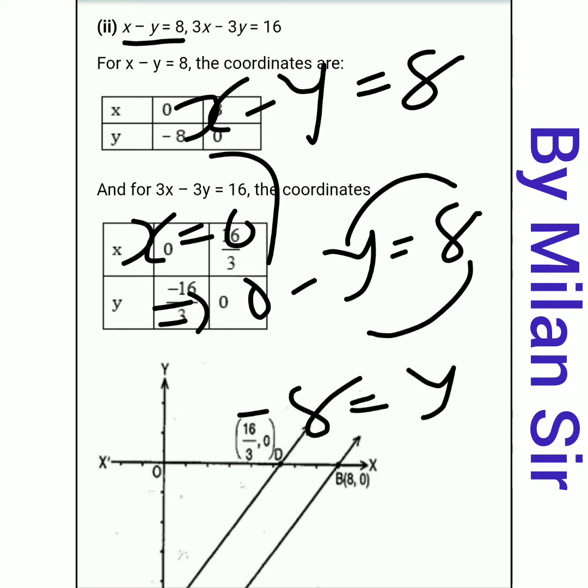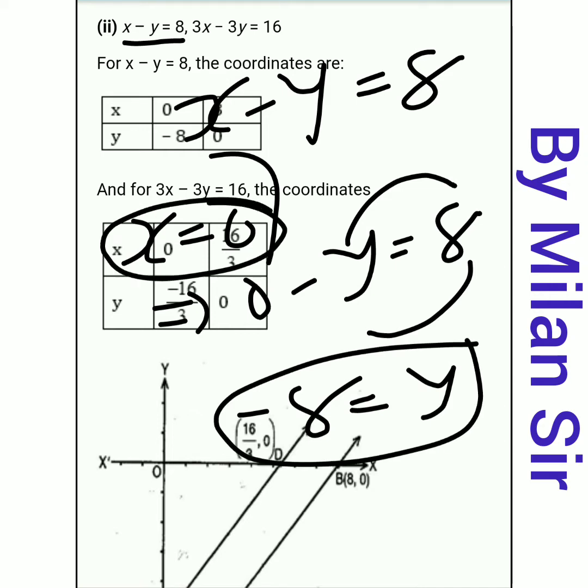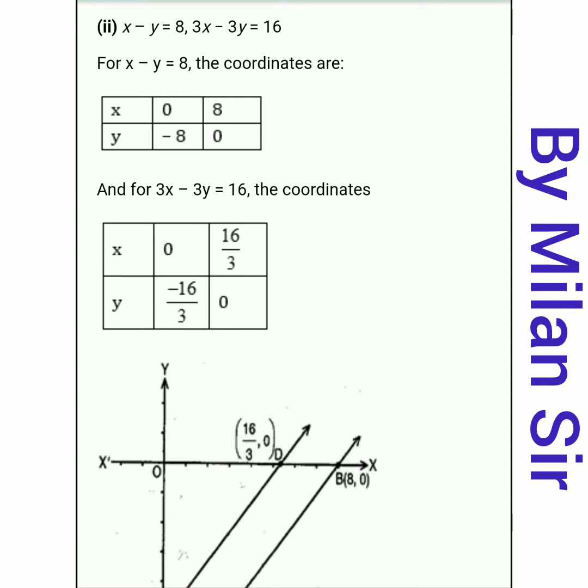So our y is equal to minus 8. If x is equal to 0, then y is equal to minus 8. So this is our first point, 0, minus 8.